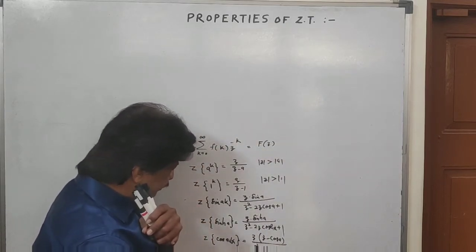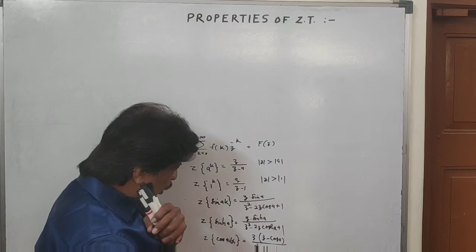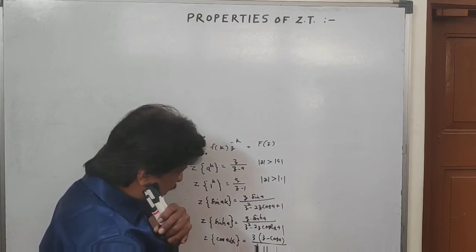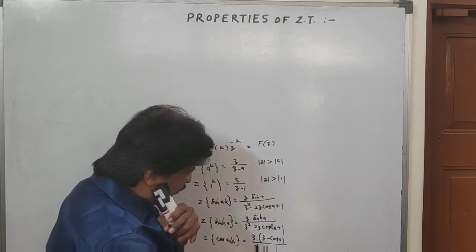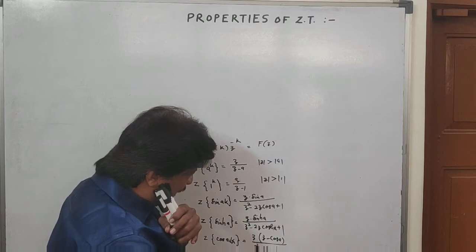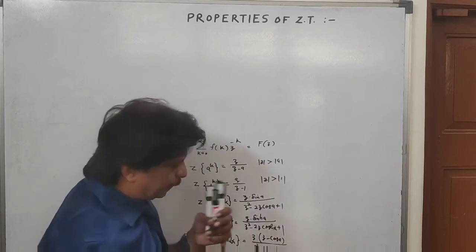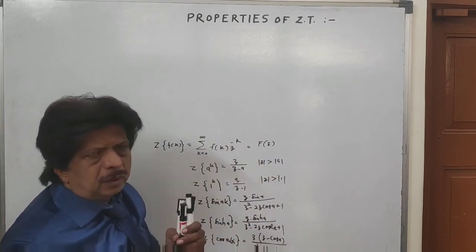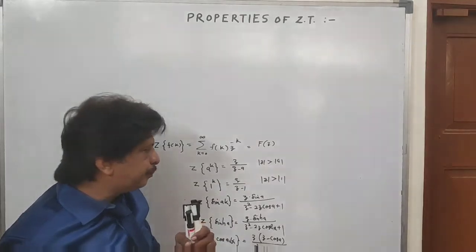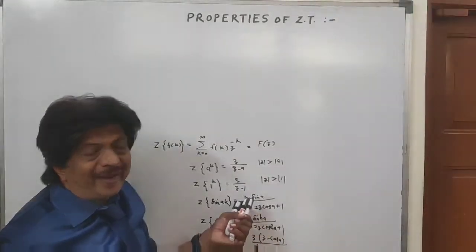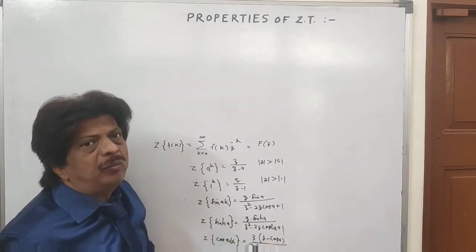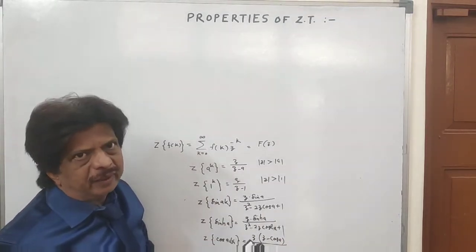Z transform of cos h of ak is equal to z times z minus cos h of a divided by z square minus twice z cos h a plus 1. The Z transforms of circular sine of ak and sin h of ak are more or less similar.